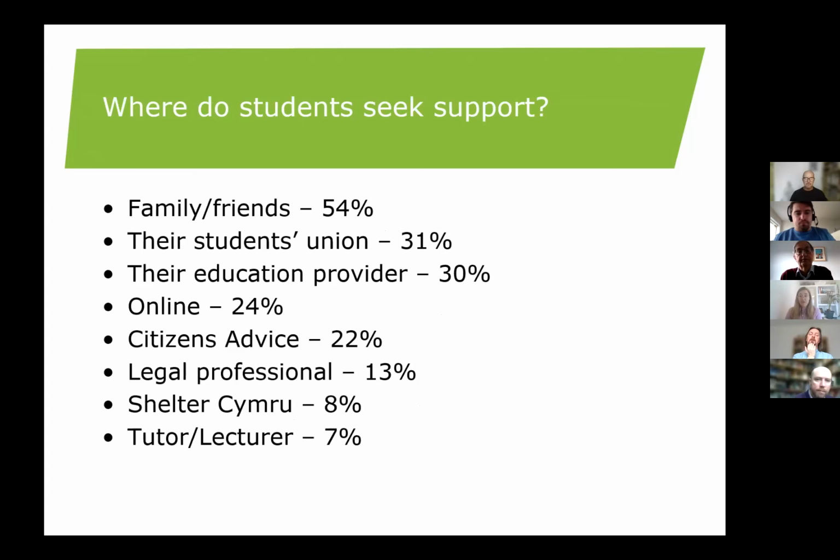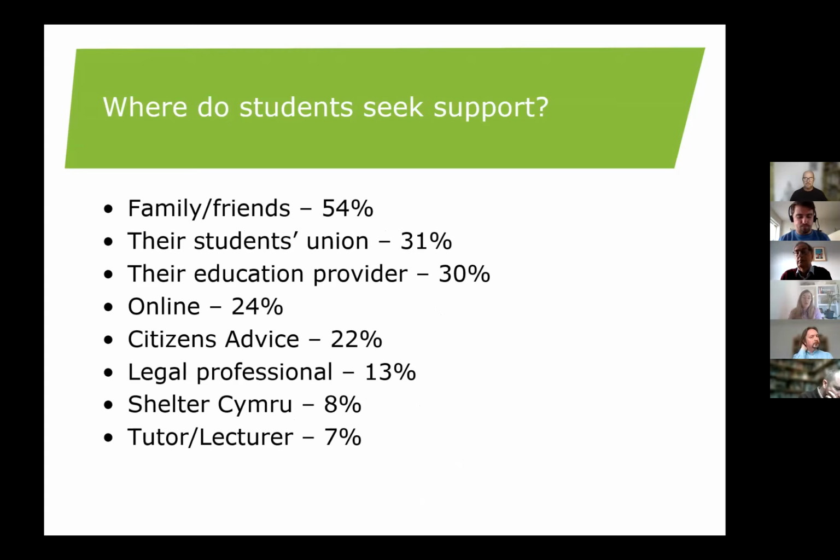So we asked a question on where students look to get support, and the results in front of you there demonstrate that part of the issue is that students just don't know where to go when they're experiencing a housing issue. Family and friends is the highest at 54%, the number one source of support.